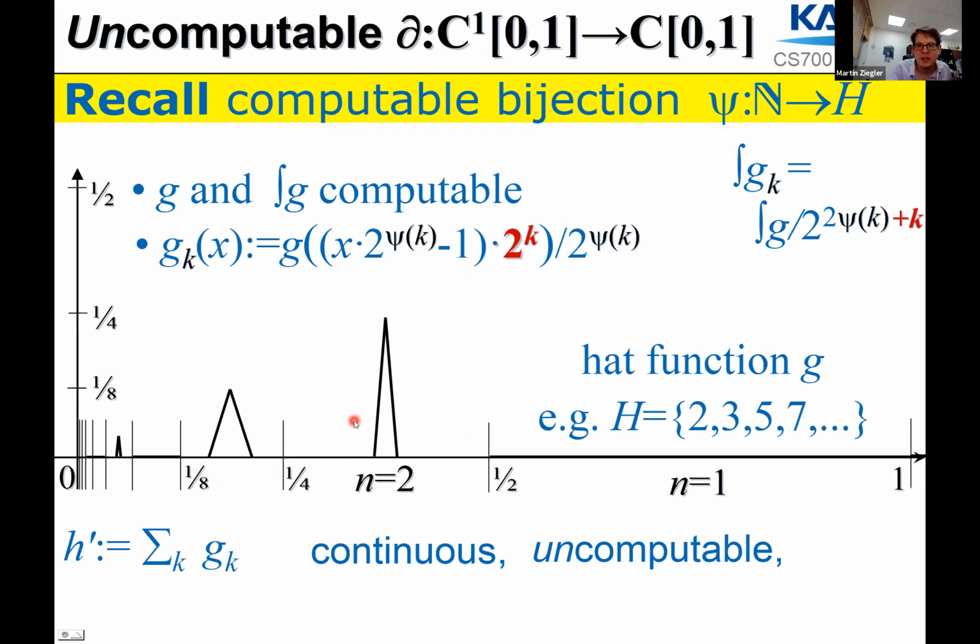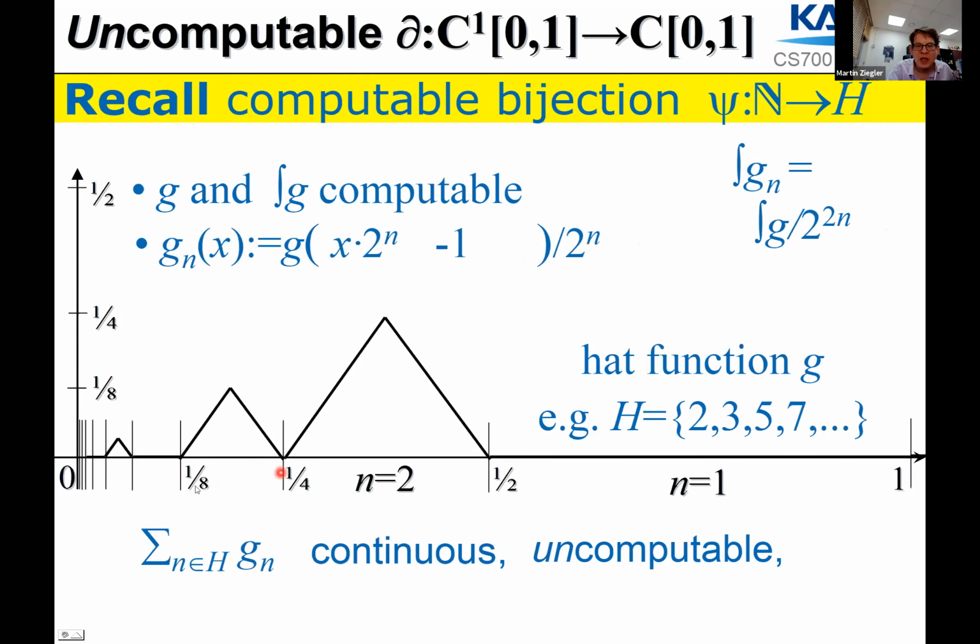So this is what happens here. We introduce this factor 2 to the k to make the heads thinner, while keeping all the scaling of their height. And now k indicates when this head occurs in this enumeration, right? Previously, this gives n is 1, n is 2, n is 3, and so on.